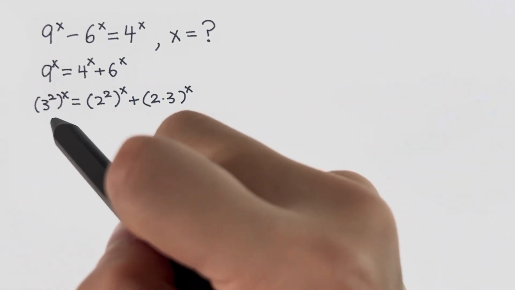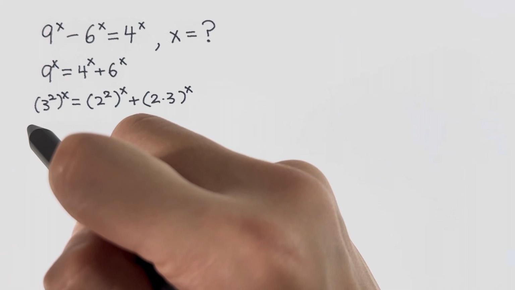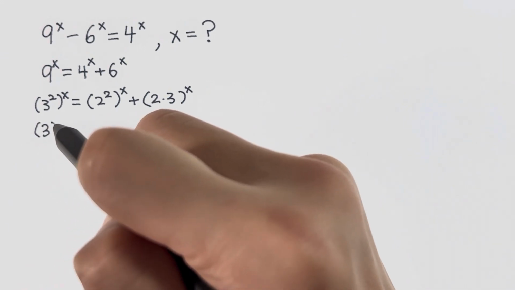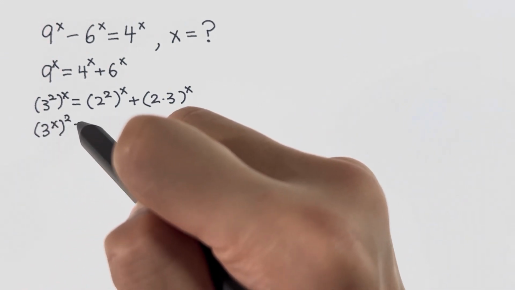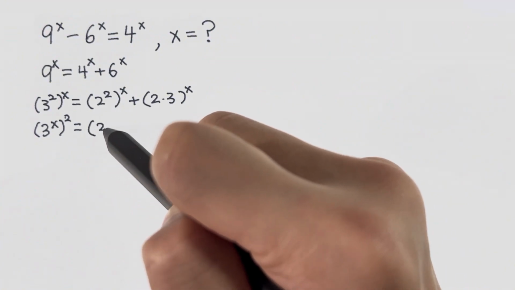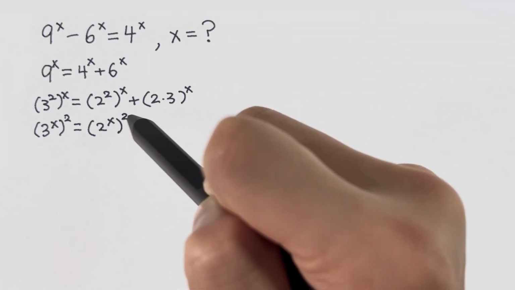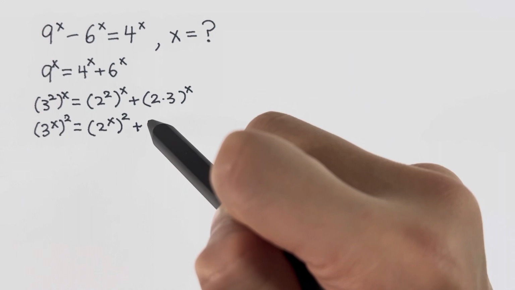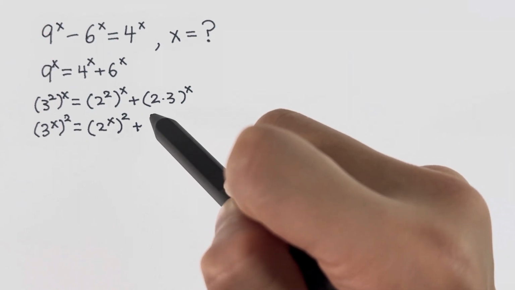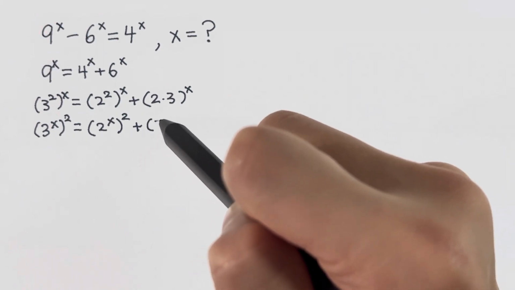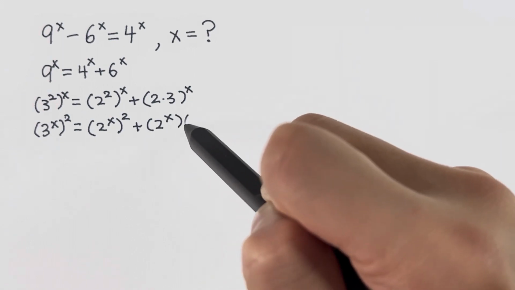And then we can rearrange the exponents. 3 to the power of x, to the power of 2, equals 2 to the power of x squared plus 2 to the power of x times 3 to the power of x.